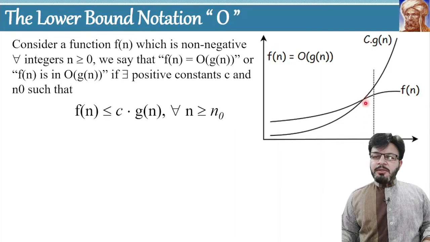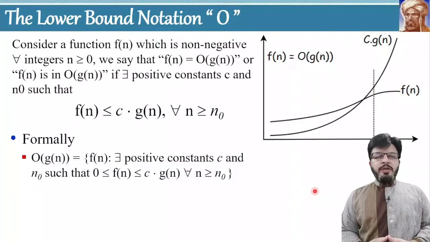You can take this point as n naught, or any point greater than this point can be taken as the point n naught. So after point n naught, this function g of n will always dominate the function f of n.